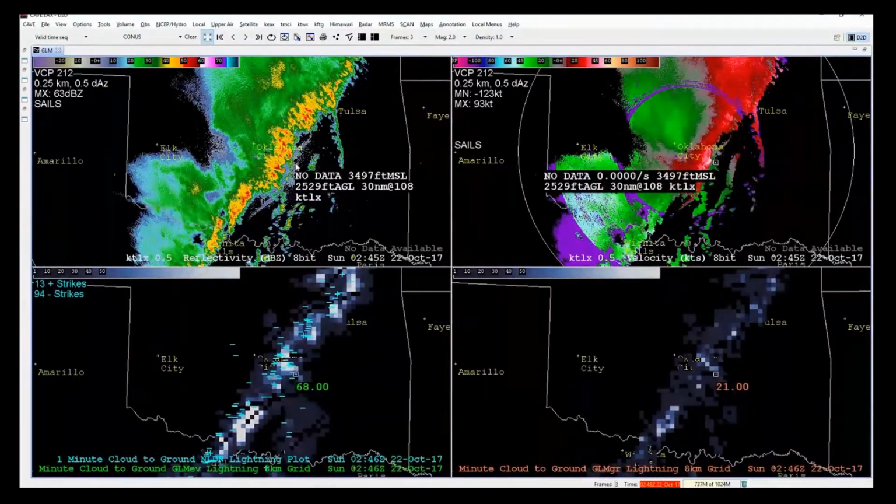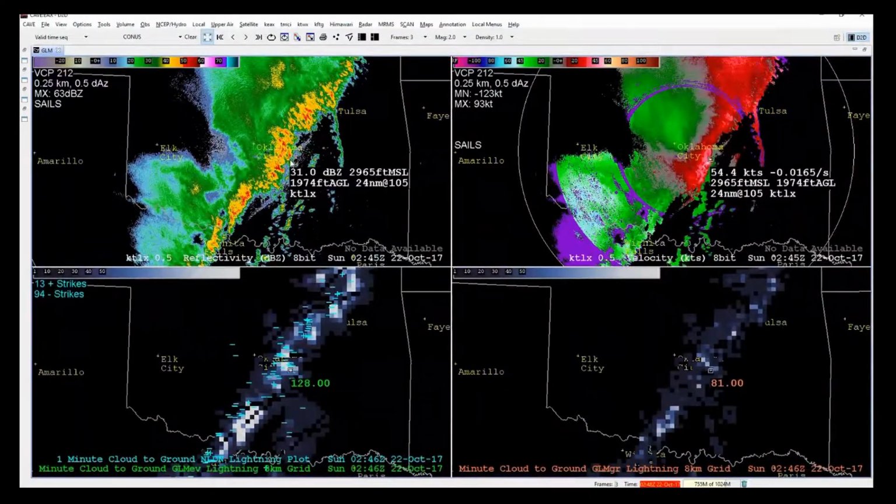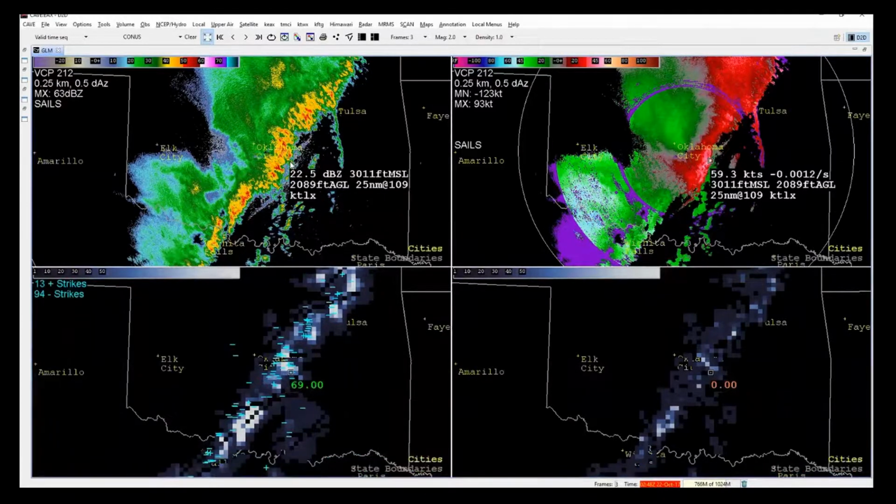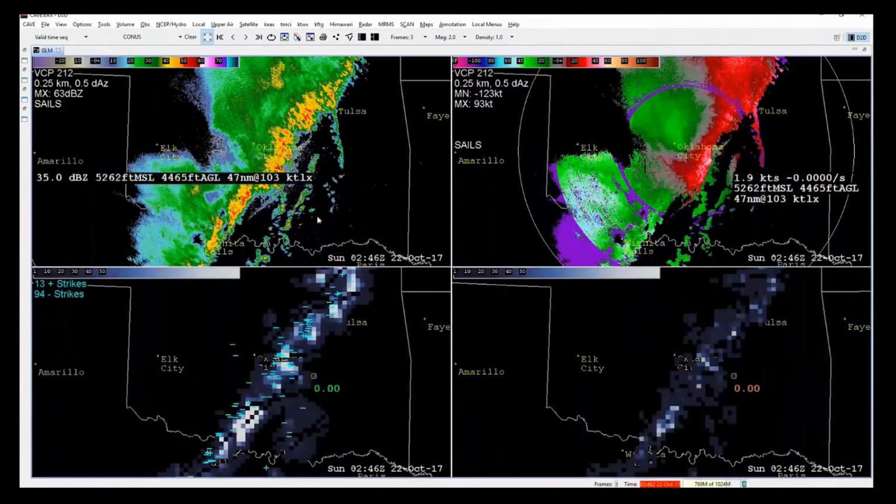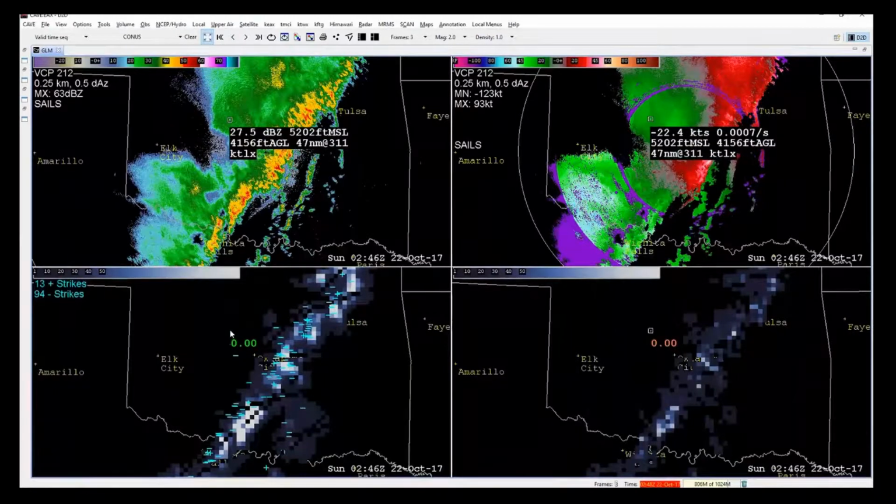So if you're just looking, personally, I think this is really where GLM is going to shine. So I'll focus a little bit more on the event density grid because it gives you a better spatial sense of the lightning.